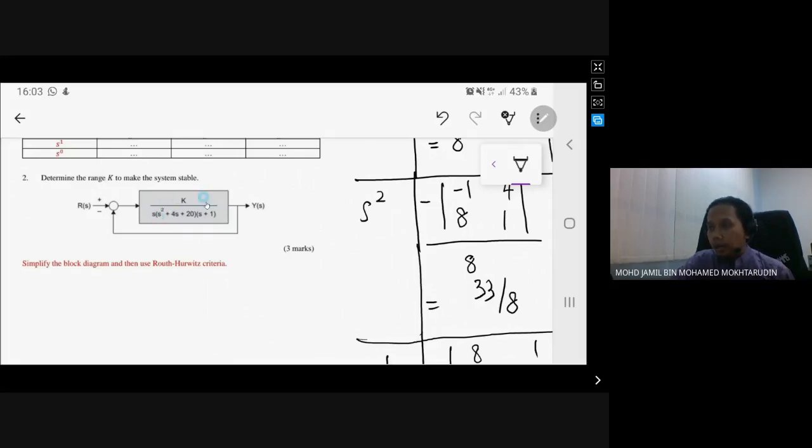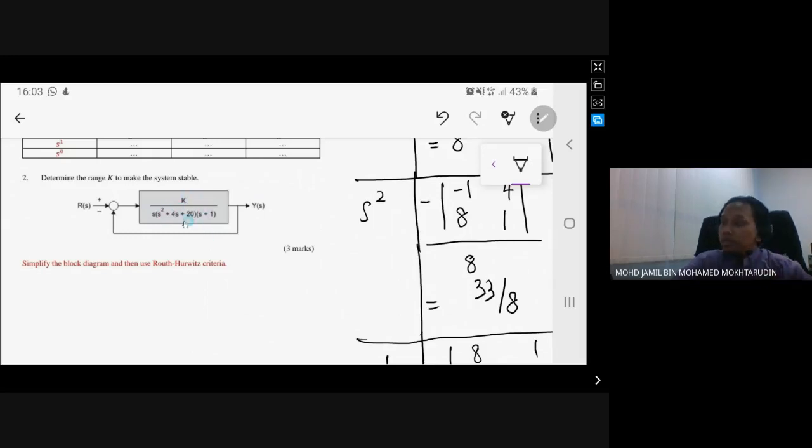Because often you are required to determine the range of K for stable system. And you are given maybe a block diagram. So the block diagram may be something similar to your mock test, okay? A bit complicated. You need to simplify first and then get the final transfer function and then use Routh-Hurwitz criteria.